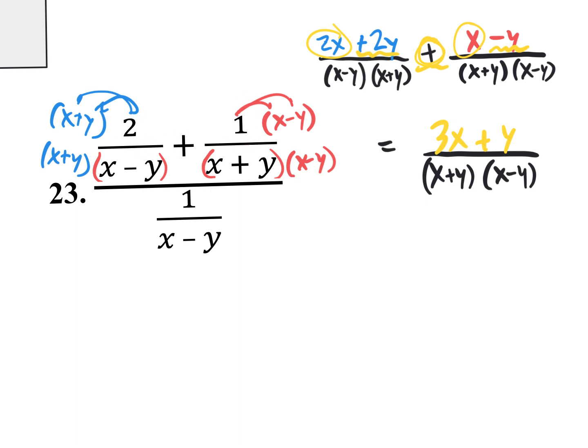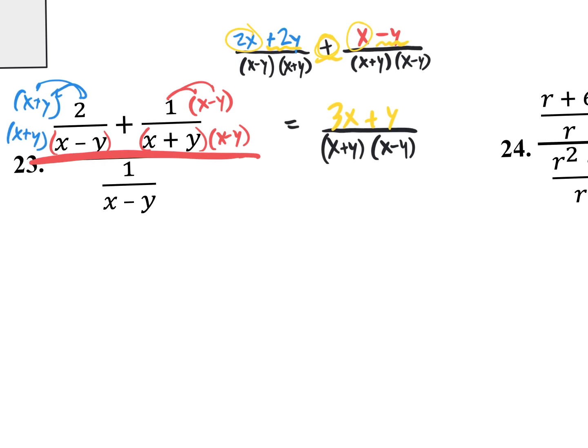That's my answer to the addition of these two fractions. Now, we do have this divided by this fraction. So you could write the division of that exact fraction 1 over x minus y. But yes, we're going to have to change the division to multiplication and flip that second fraction.